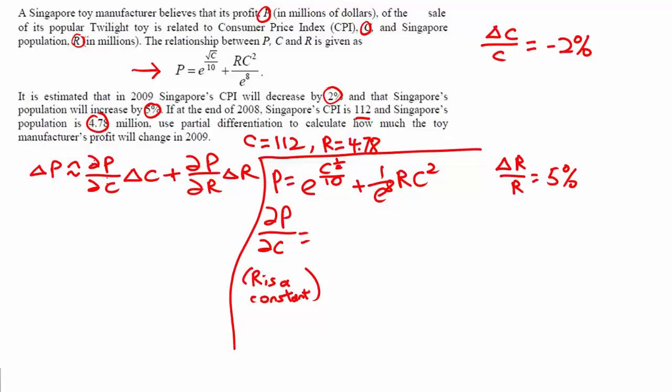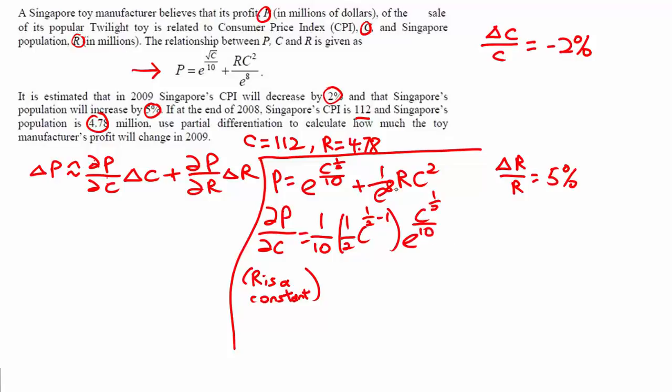So differentiating C to the power half over 10 will then give me 1 over 10, and I'll bring down the power half, and C to the power of half minus 1. And I'll just copy back the exponential function.